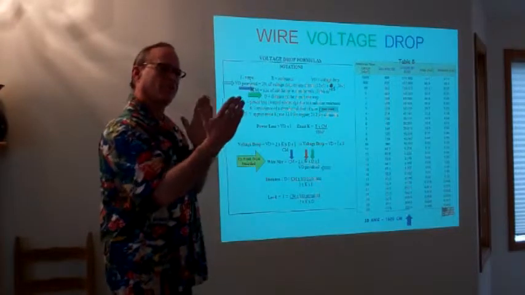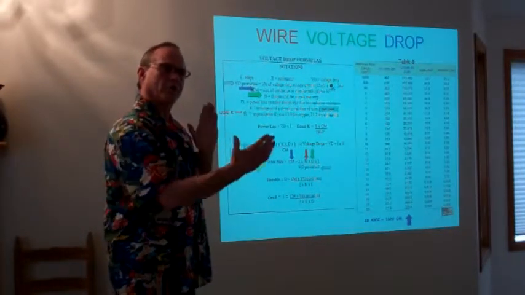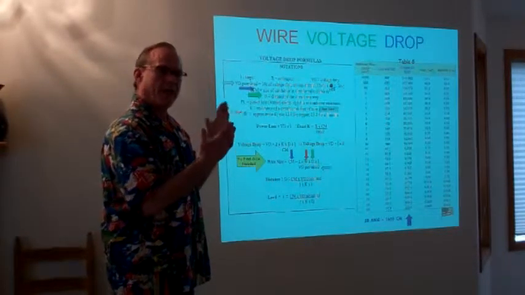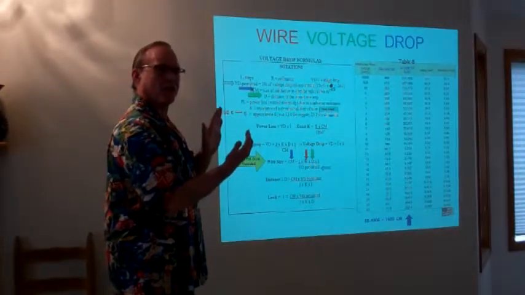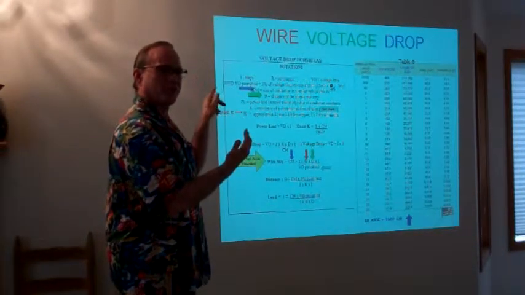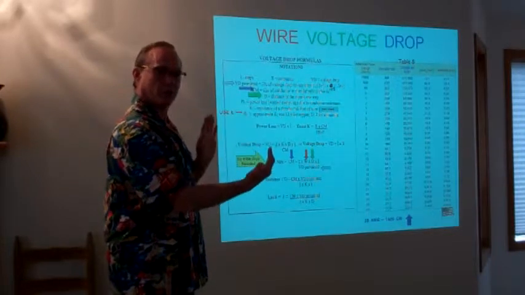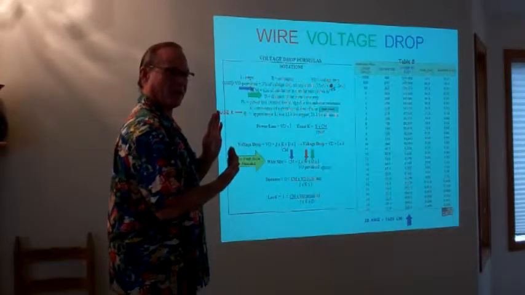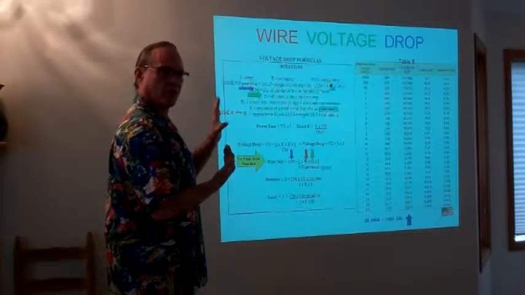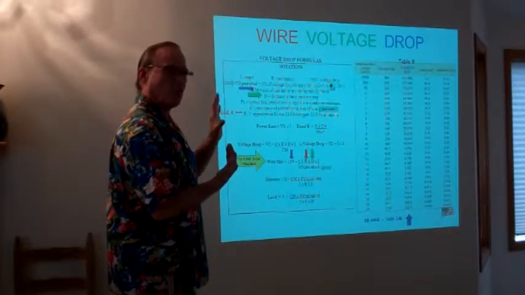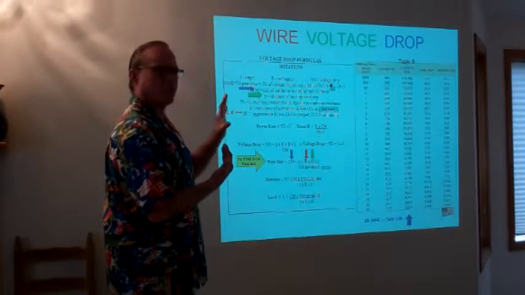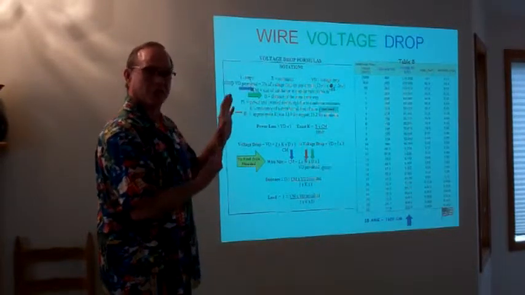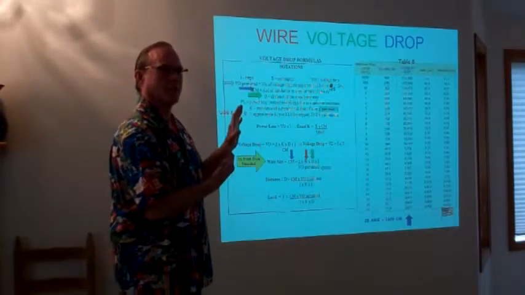Because to get watts, we have to have volts and current together, and they are in direct proportion to one another. Remember, P is equal to our volts times our current. So if I change the volts or I change the current, it's going to affect my watts. I don't want to affect my watts. My watts want to remain the same. Why? Because that's what my load is. That's what I need to power my load with.